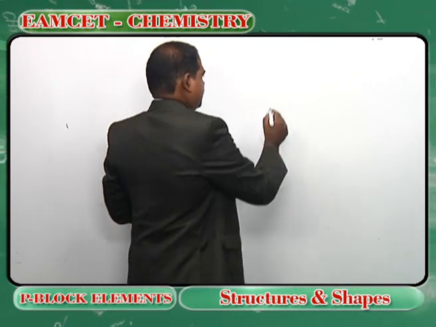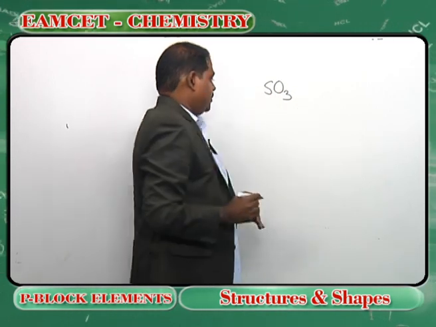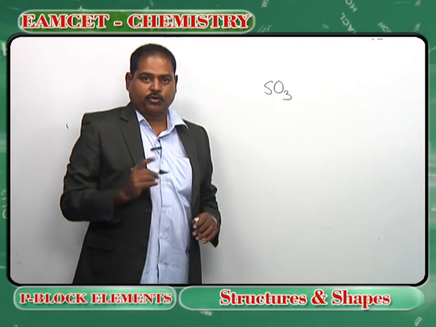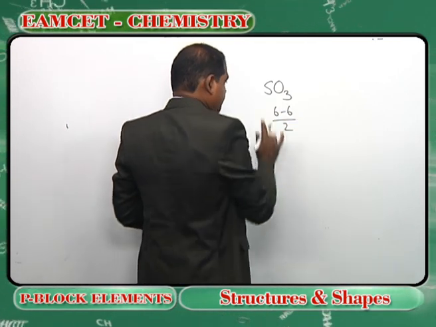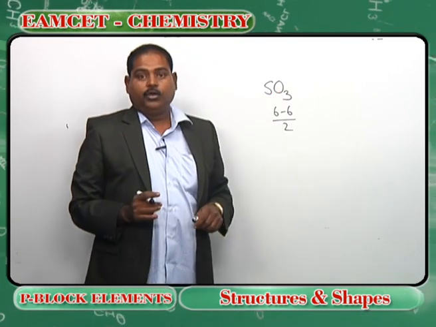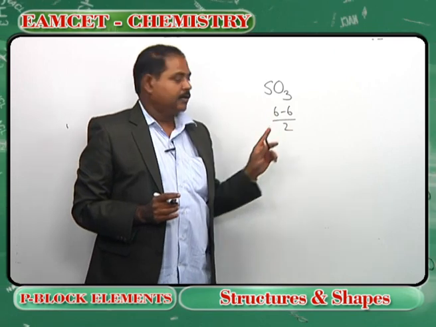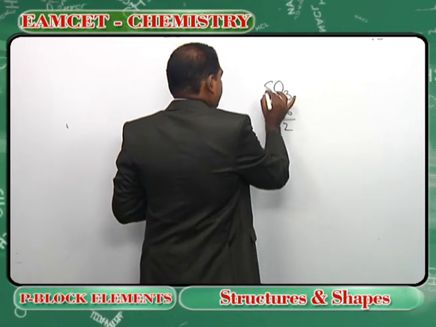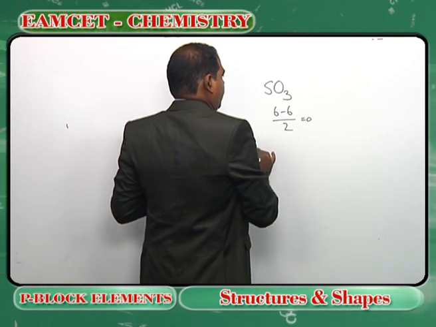Don't you ever neglect that. SO3, do you have a lone pair? Sulfur, 6th group, 6 minus 6 by 2. Why 6? Each oxygen uses 2 electrons by sharing a double bond. Therefore, SO3 hasn't got any lone pair, 0 lone pairs.